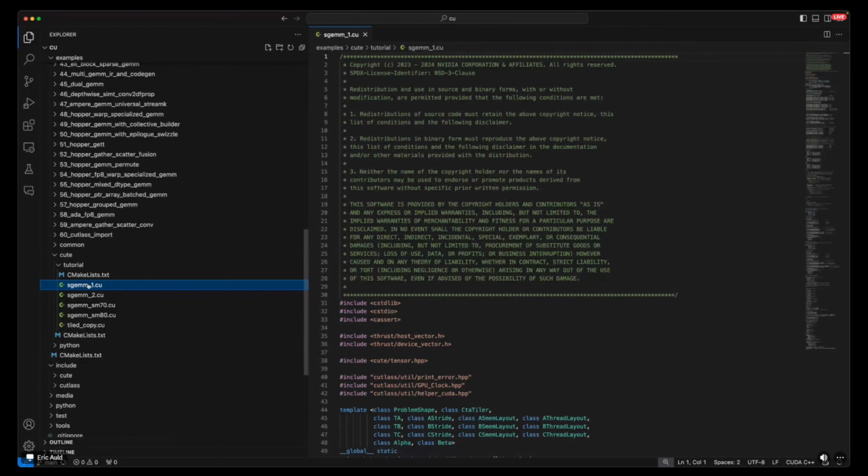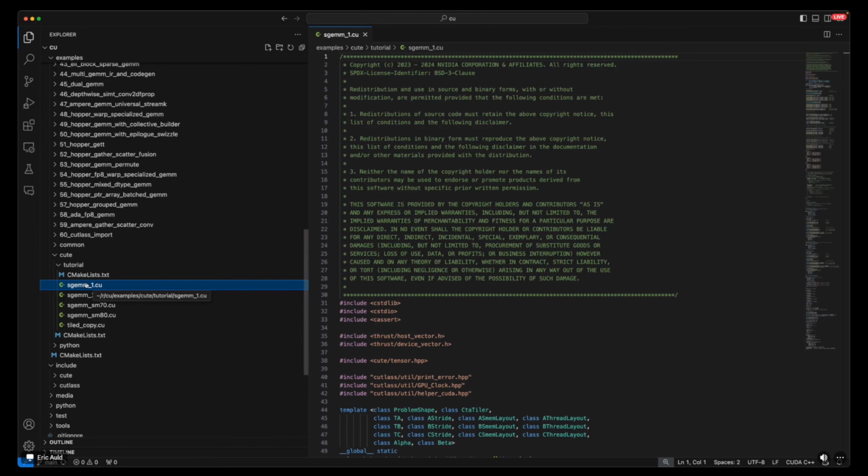So this is SGEMM. If you know the BLAS terminology, the S is single precision, and GE stands for general. That means the general case: dense matrices, no sparsity, no special structure to the matrix. And then MM is matrix multiplication.